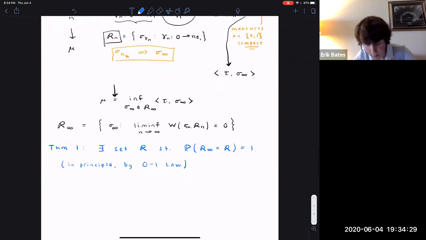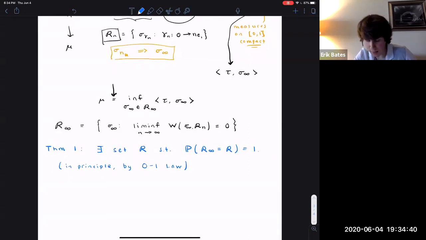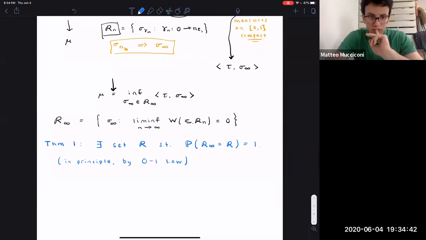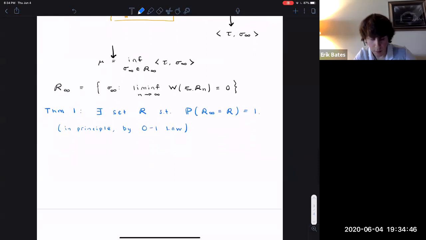And what I'm saying here in this theorem is stronger than that. Not only does that apply for a specific fixed measure, but there's actually a collection of measures such that simultaneously, with probability 1, all of them belong or don't belong to this set R infinity. This R infinity has an almost sure value.